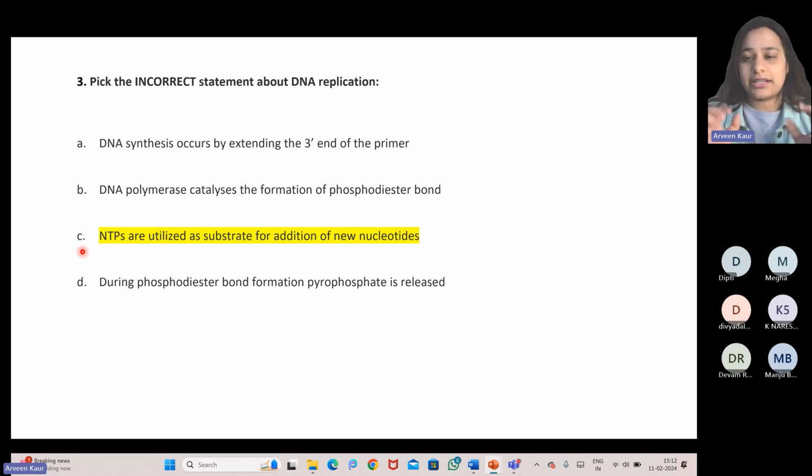Because in case of NTPs, we will say nucleotide triphosphates. If we are not adding deoxyribonucleotides, then they will probably be confused with the nucleotides that could be used for RNA synthesis, right, instead of DNA synthesis. So over here, dNTPs should be there instead of NTPs. In that case, this would also have been a correct statement. The other statements are correct, right?